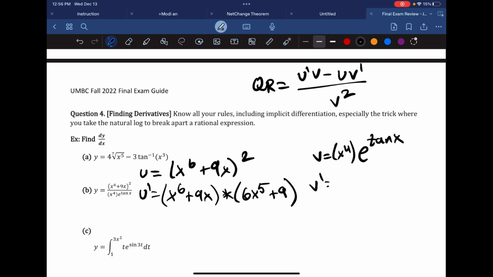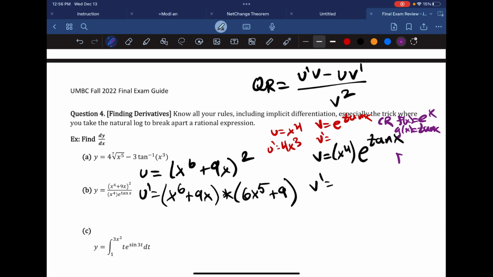And that is going to be a product rule, where our u is x to the 4, derivative of that is 4x cubed, and then our v is going to be e to the tan x. Derivative of that is going to be a chain rule, where our outside function is e to the x, and our inside function is tan x.